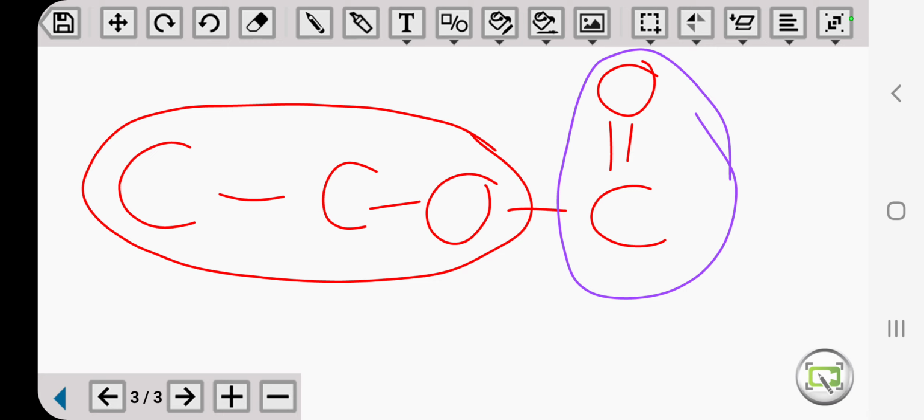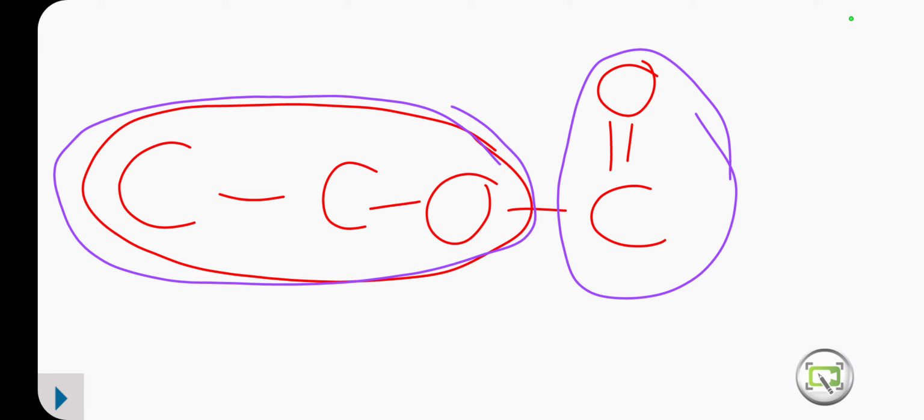Alright, so when an alcohol and a carboxylic acid combines, it forms an ester. So if we look at the specific ester, the part that is connected to the single bond O, which is this part in this case, is the part that is mentioned first in the ester's name.